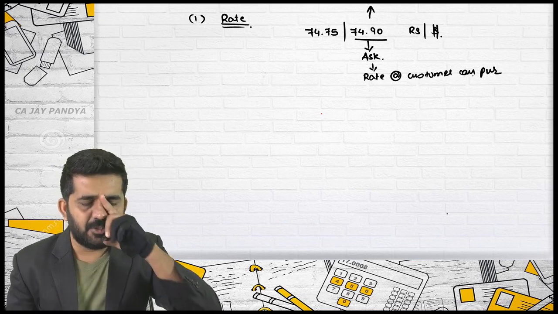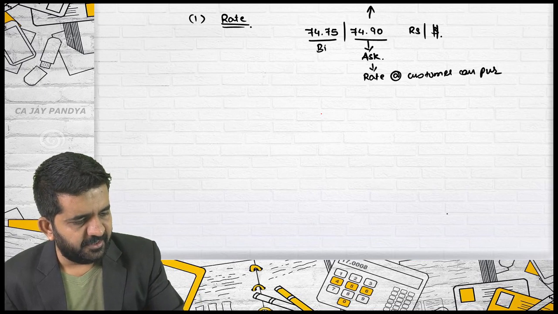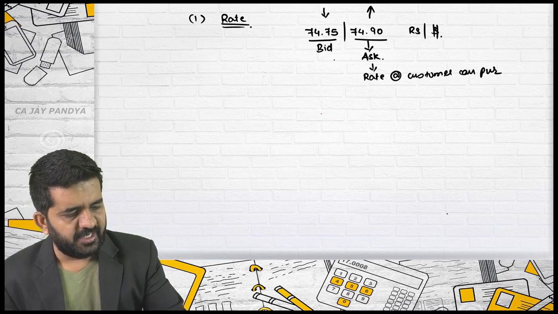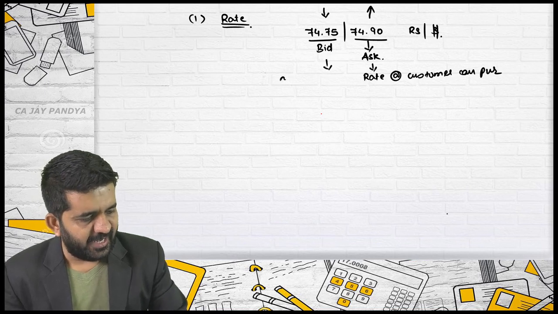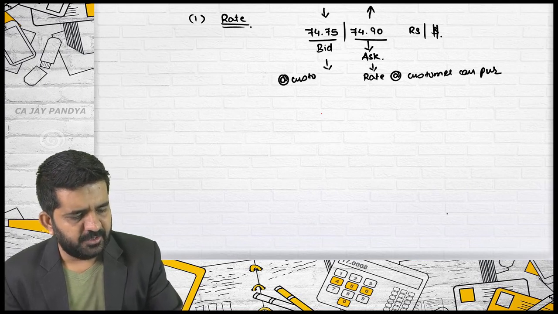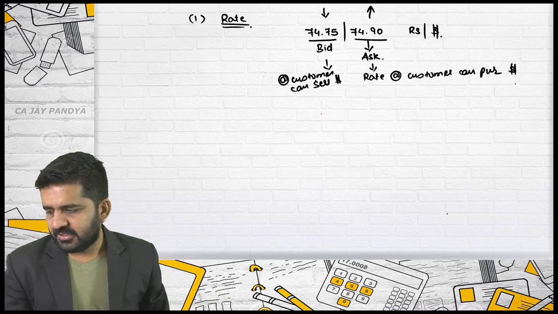We have done it n number of times, so I am just revising it very fast. This is the bid rate. This is a lower rate comparative to the right hand side. This is a rate at which the customer can sell dollar. This is purchase dollar, another is sell dollar.